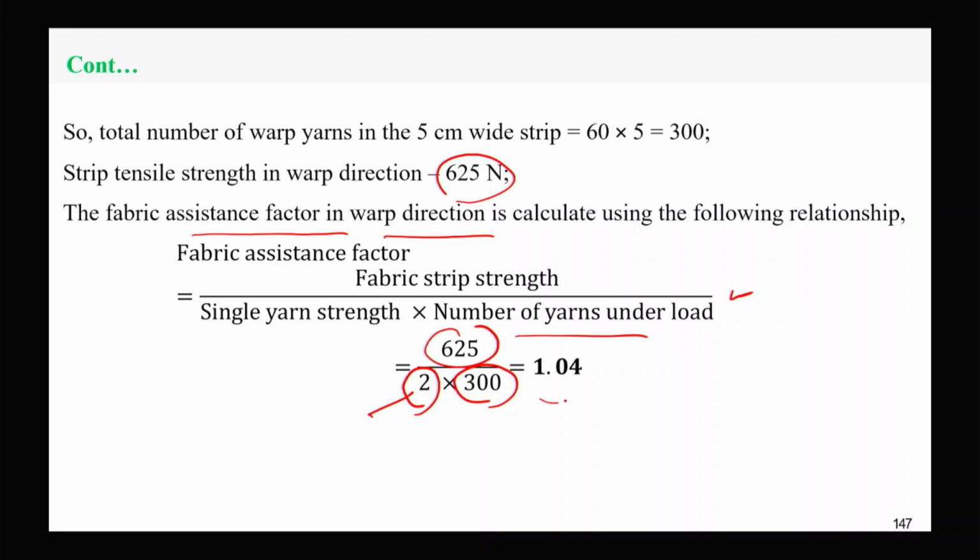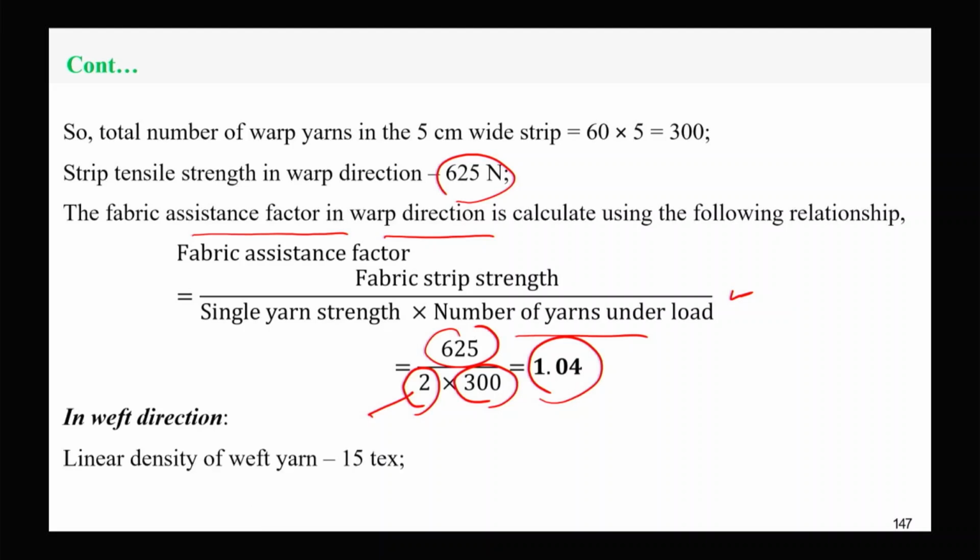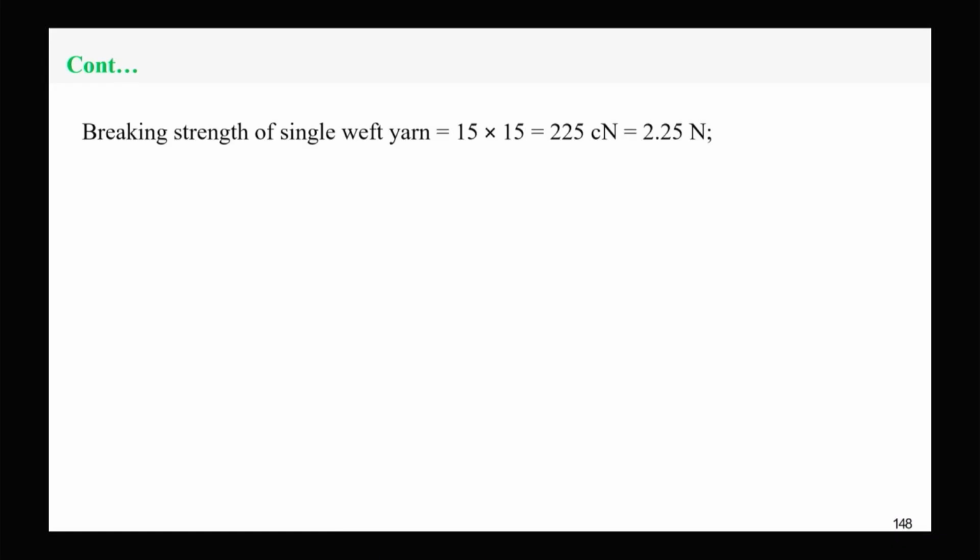So we can calculate the fabric assistance in warp direction as 1.04. And in weft direction, similarly we can calculate the fabric assistance. So the breaking strength of a single weft yarn is 2.25 Newton.